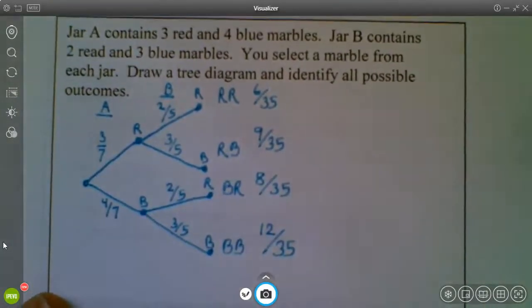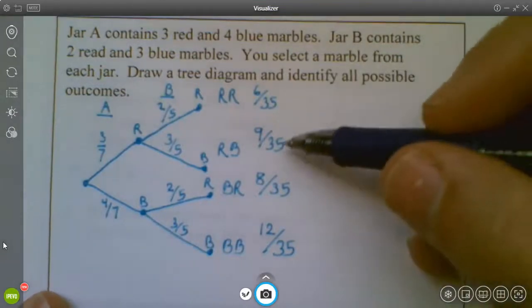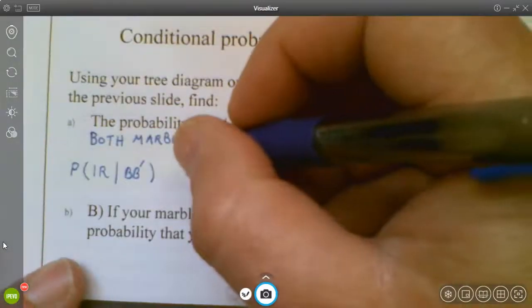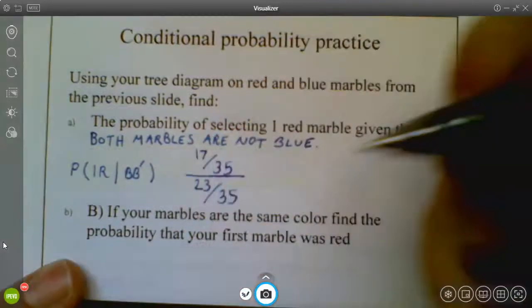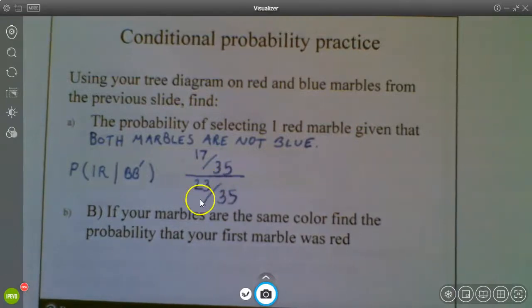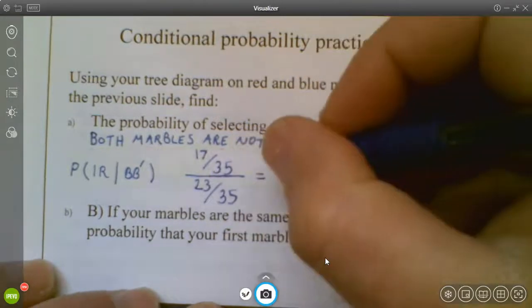It would be those two cases, right? If I add those together, 17 out of 35 becomes our numerator. And if you think in terms of multiplying by the reciprocal, the 35s get knocked out, and it's just 17 out of 23.